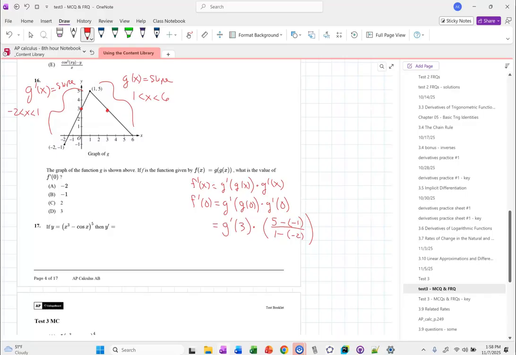So from 1 to 6, I can use that slope for the derivative of anything, right? And that's just going to be 2 there, right? 6 over 3. And then that's going to be -5. We've made a -1, right? So we have that.